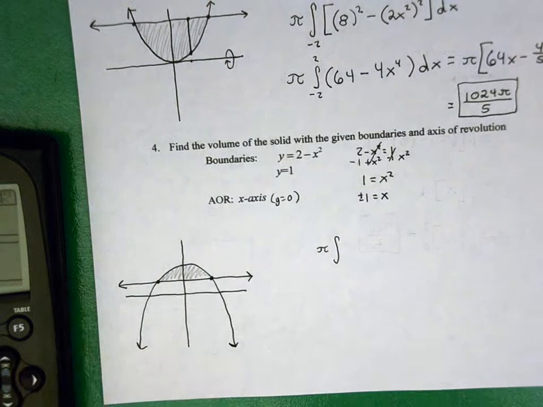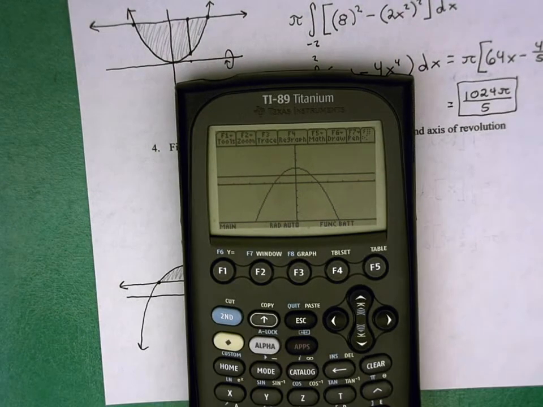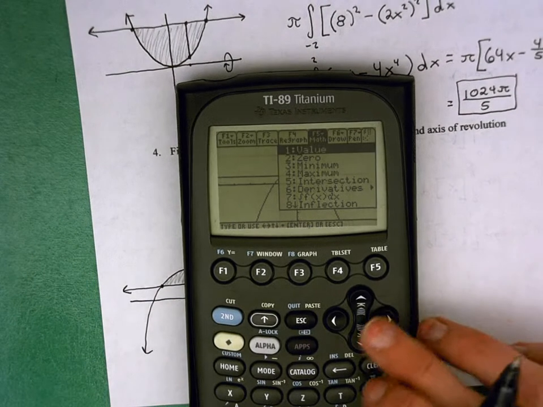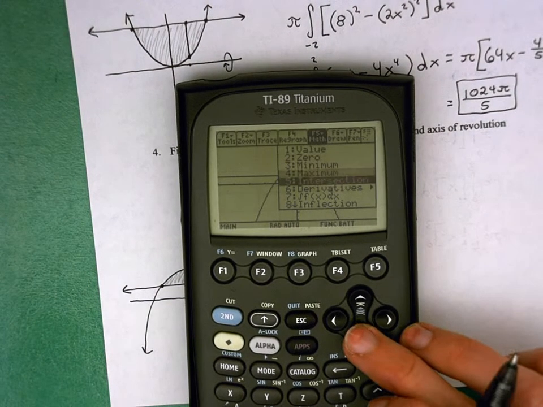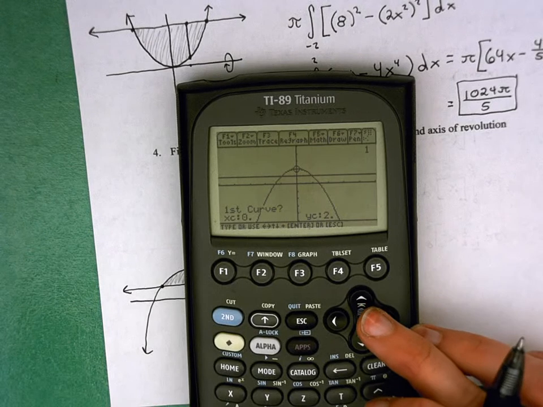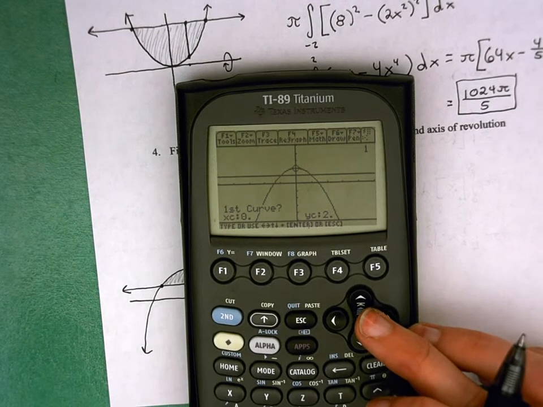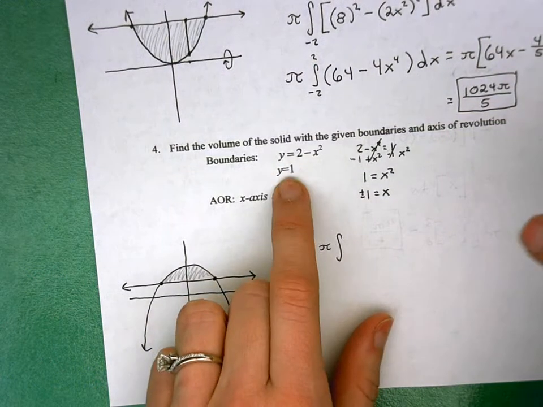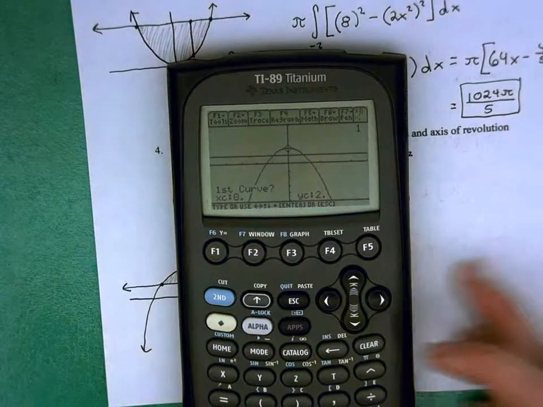Or, calculator, on the 84 you do second calc, on the 89 you do F5. We're calculating our intersection. They want to know our two curves. You only have two curves in there, right? We put in y equals 2 minus x squared and y equals 1, so that's the only two in there, so it's going to be the first curve, second curve.